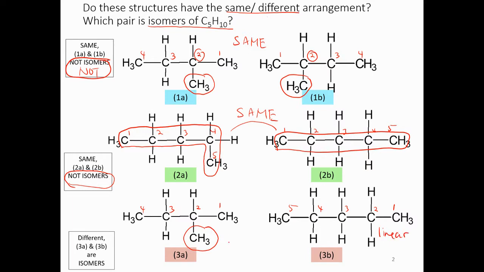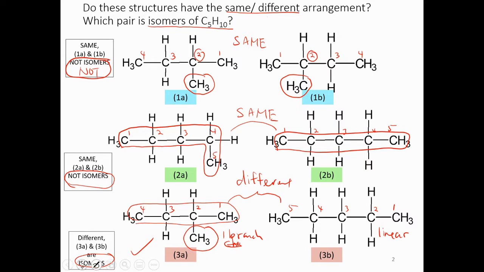This one has a different chain, one branch. This is the linear, this is the branch. So both of them are different, but they have the same molecular formula. So they are isomers. The first thing that you need to know is, are they isomers or not?